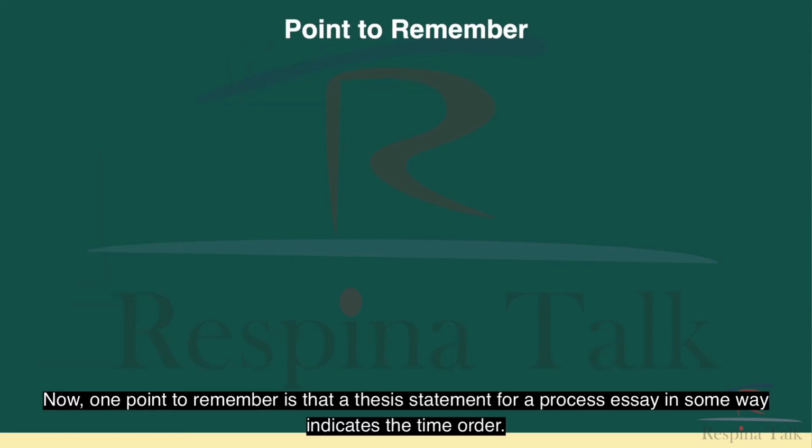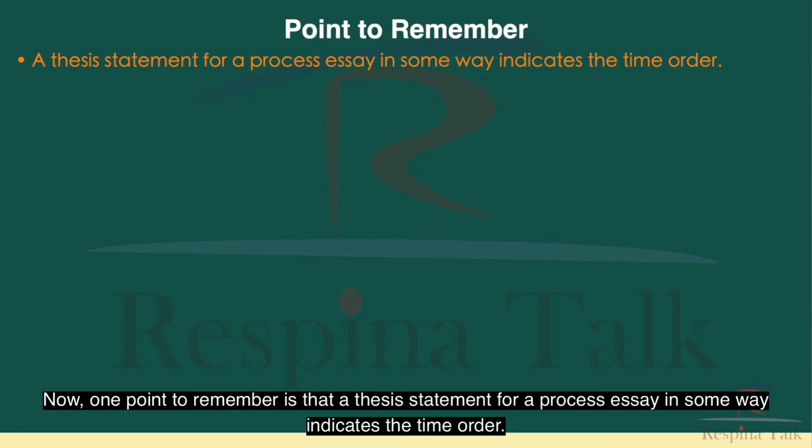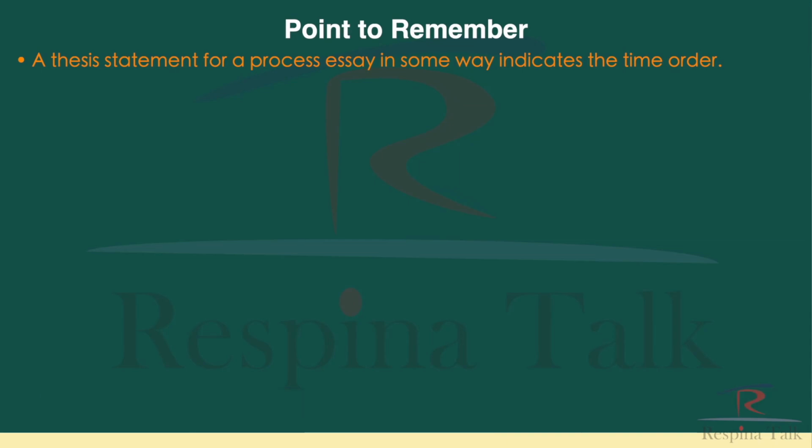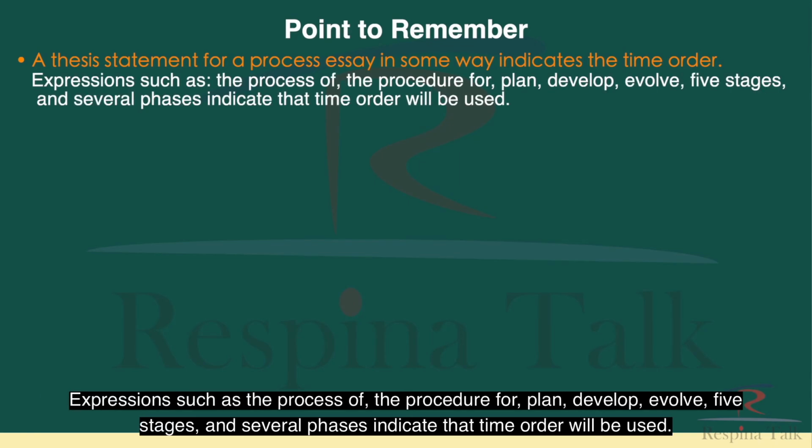Now, one point to remember is that a thesis statement for a process essay in some way indicates the time order. Expressions such as the process of, the procedure for, plan, develop, evolve, 5 stages, and several phases indicate that time order will be used.